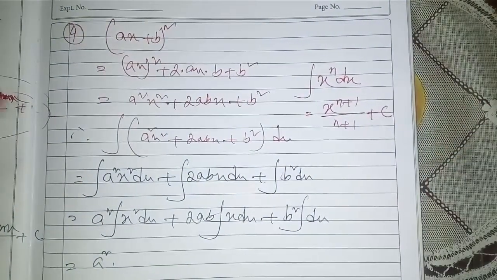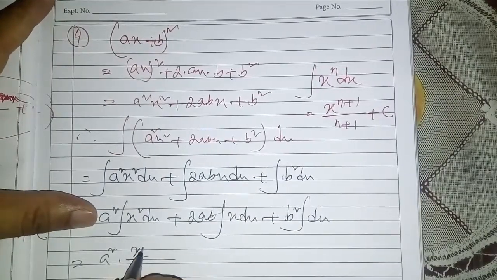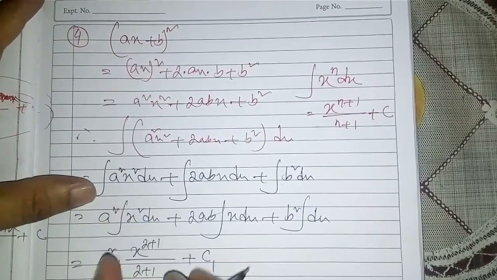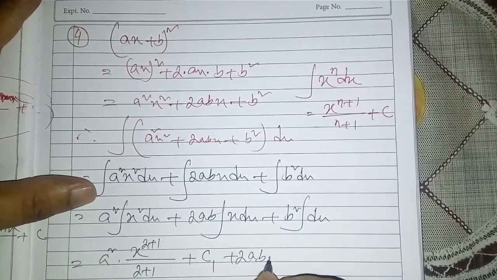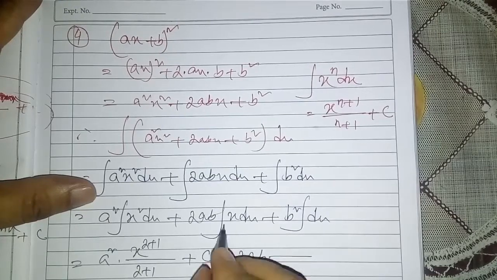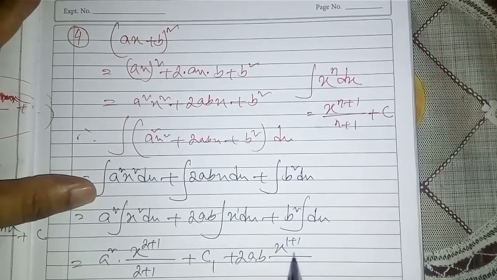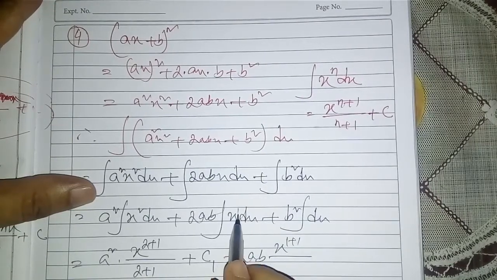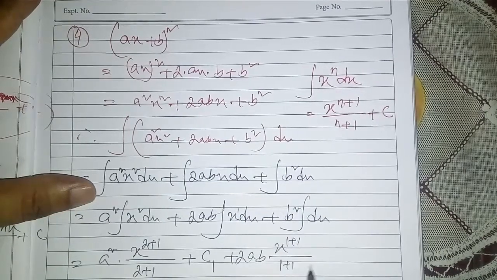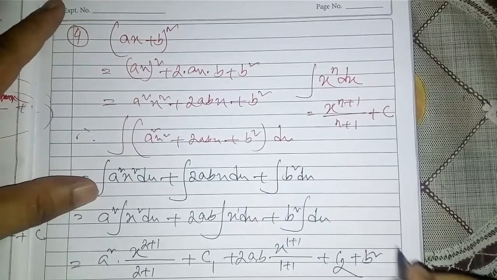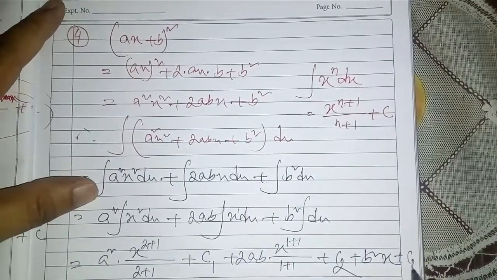So x to the power 2 plus 1 divided by 2 plus 1 plus c1 for the first; 2ab times x to the power 1 plus 1 divided by 1 plus 1 plus c2; plus b square times x plus c3.